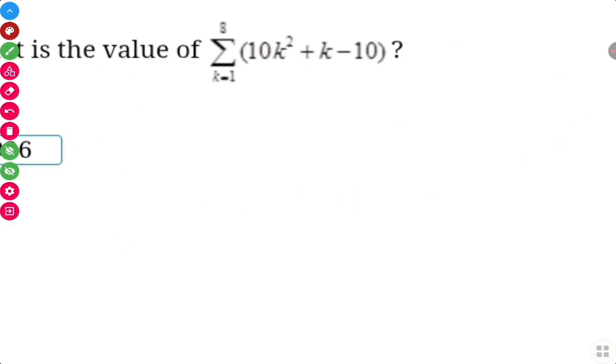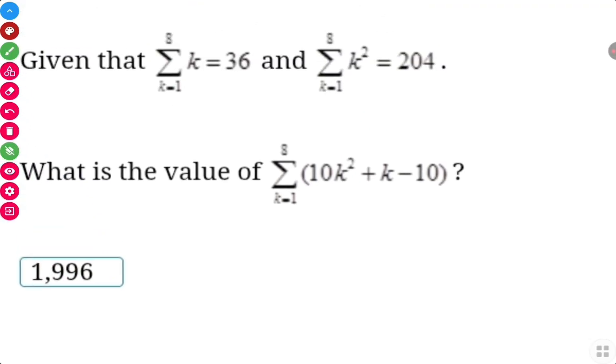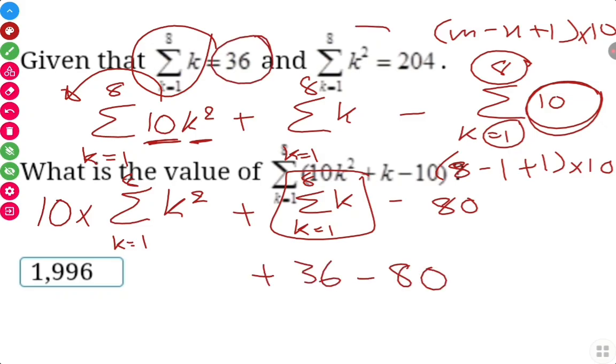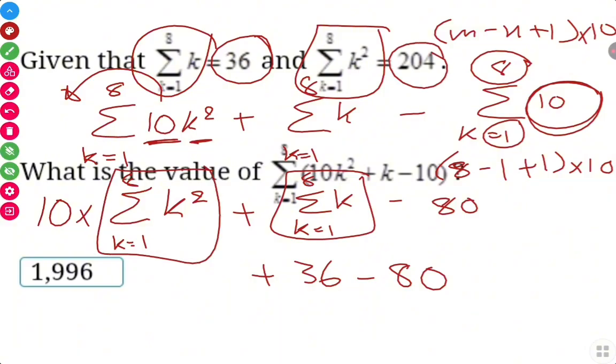So, in the question up, they told us that sigma of k, which is what we have here, is 36. So we just substitute. And they told us sigma of k squared is 204, which is what we have here, sigma of k squared. So we just substitute also. Don't forget about the 10 though, we're still multiplying by 10.